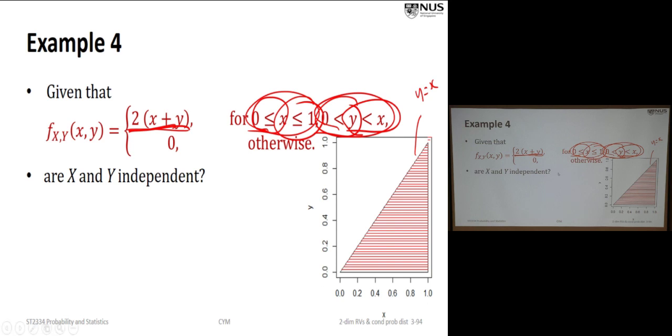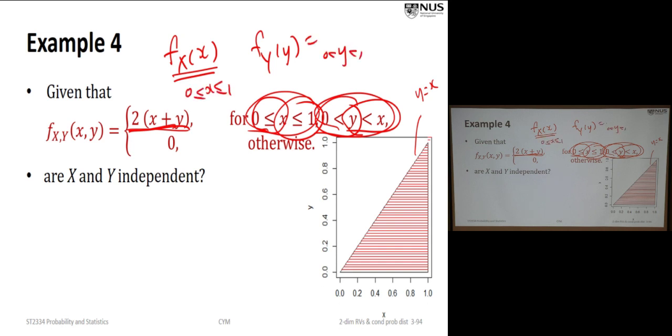We do the hard work, which means we have to work out what f of x is and what f of y is, and also specify that each is equal to a particular expression over a certain region: x between 0 and 1, and y between 0 and 1.